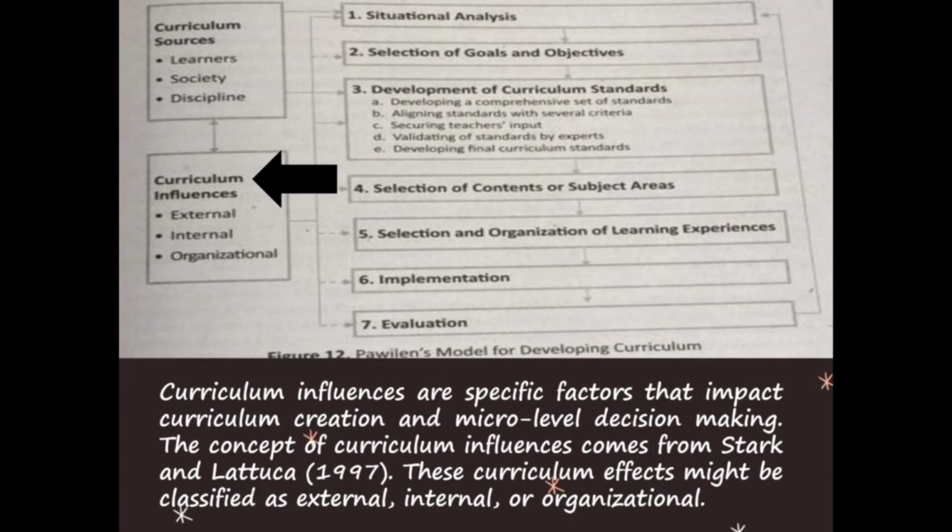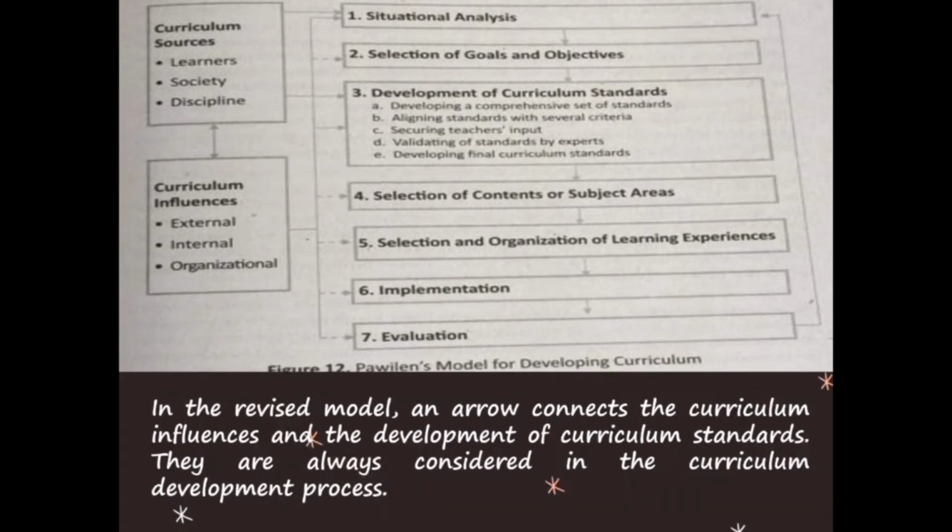These curriculum effects might be classified as external, internal, and organizational. In the revised model, an arrow connects the curriculum influences in the development of curriculum standards. They are always considered in the curriculum development process.